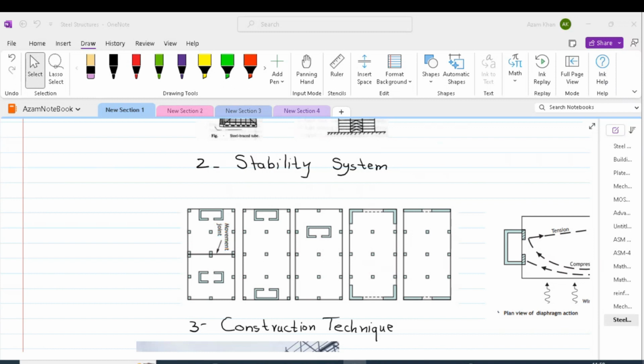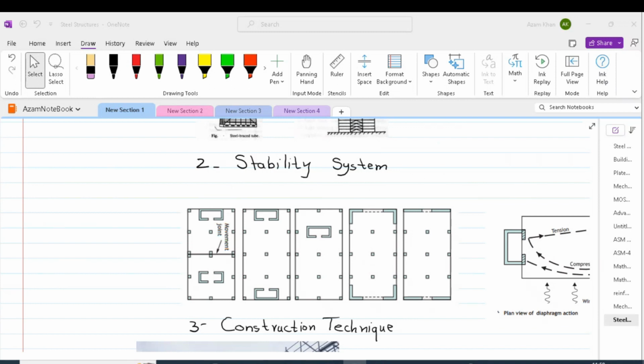Similar to lateral stability systems, we can have vertical stability systems like columns, beams, and foundation systems, which are responsible for transferring the gravity load or any other vertical live load to the ground. Proper design and arrangement of columns, beams, and strong foundations contribute to the vertical stability of the structures.